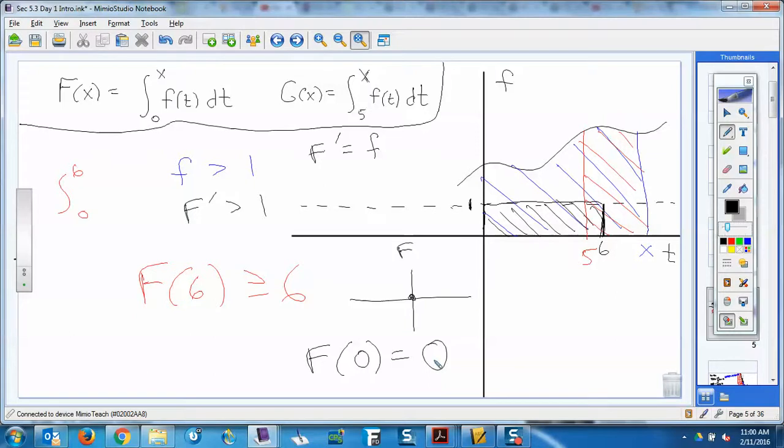And I also know that big F prime, or little f, which is the derivative of big F, is greater than 1. So that means if I go over 6, I have to go up how much? At least 6. So I know, because of slope, that big F of 6 has to be at least 6. Isn't that what our speed limit law problems look like? Same exact thing.